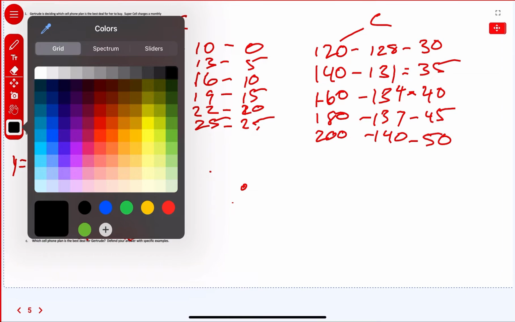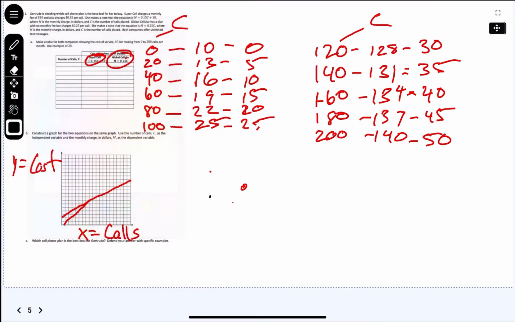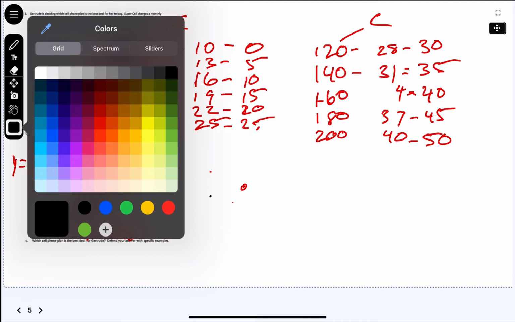So global, it starts out cheaper. It started out at 0, right? But it goes up a lot faster. Actually, did I do that right? Yes. I put 100 out there here. That shouldn't have been 100. There we go.